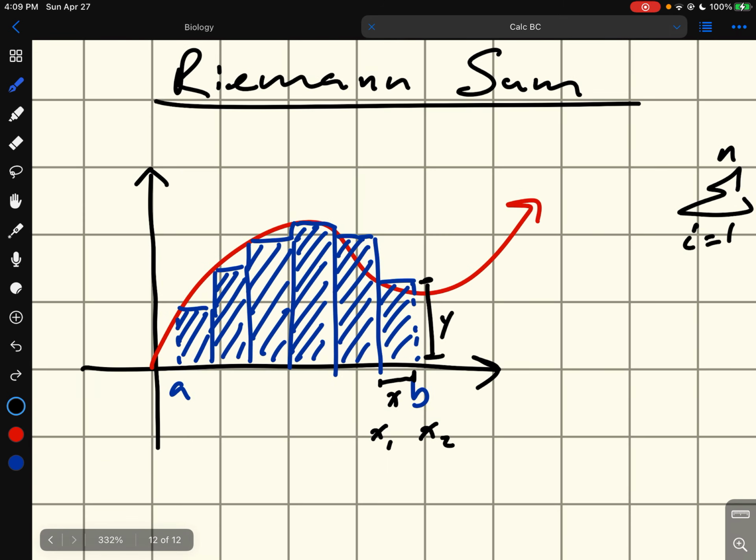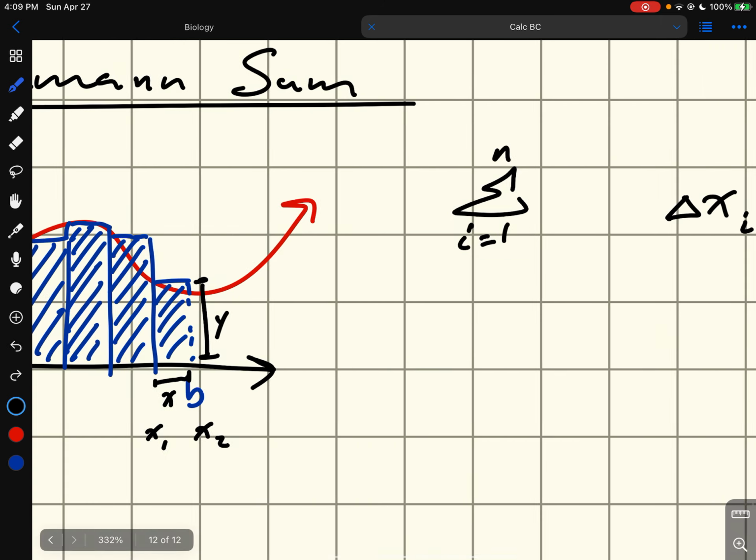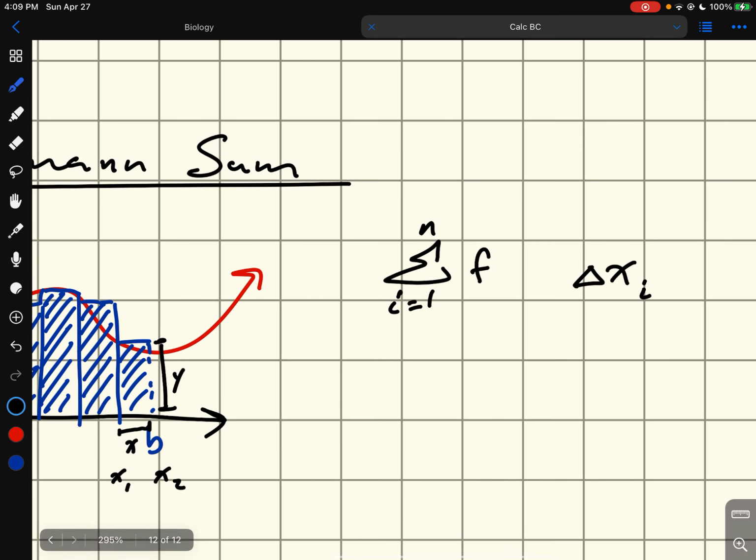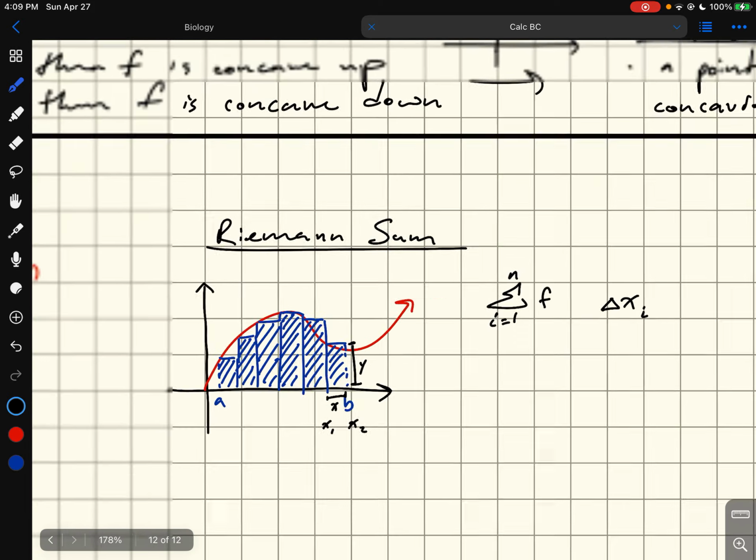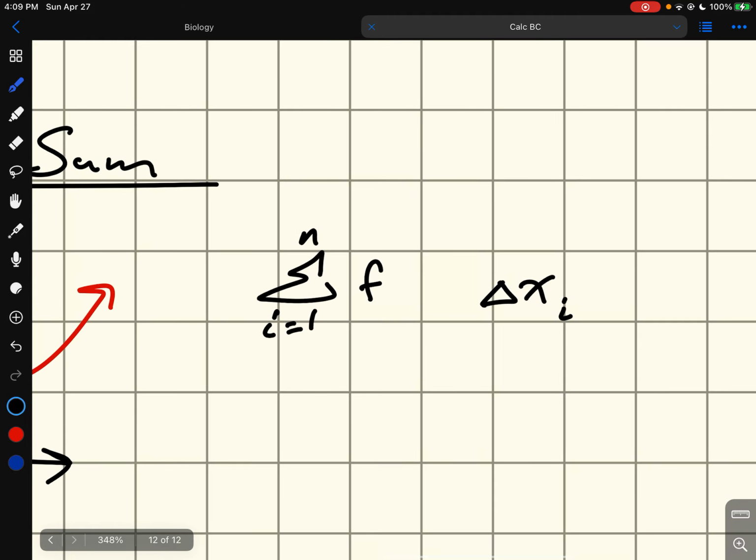In our case, we're using a left-hand Riemann sum because all the left sides of the rectangles are touching the graph. So all you're doing is plugging in your x value here, sub i.